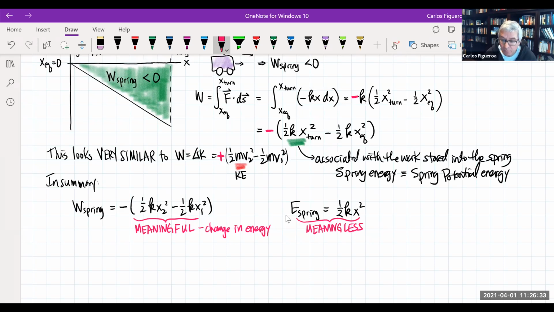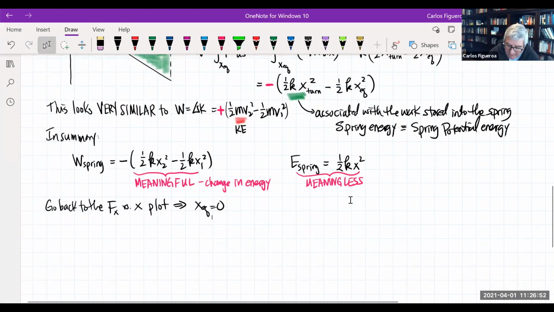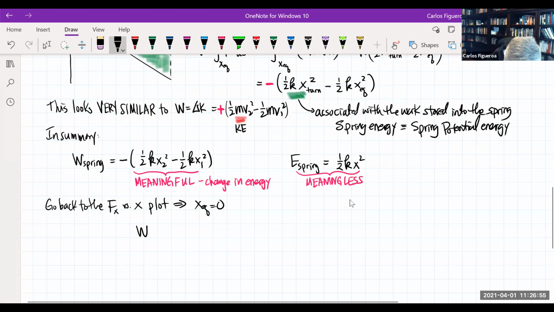So let's get back to our problem here. So now I want to go back to the force versus distance plot. And what we're seeing here is that the equilibrium point is 0. So if I come in and I look at this thing, you could see here that the work of the spring is then going to be what? There's my minus sign. Then I'm going to get 1/2 k x at the turning point squared minus 1/2 k x equilibrium squared.